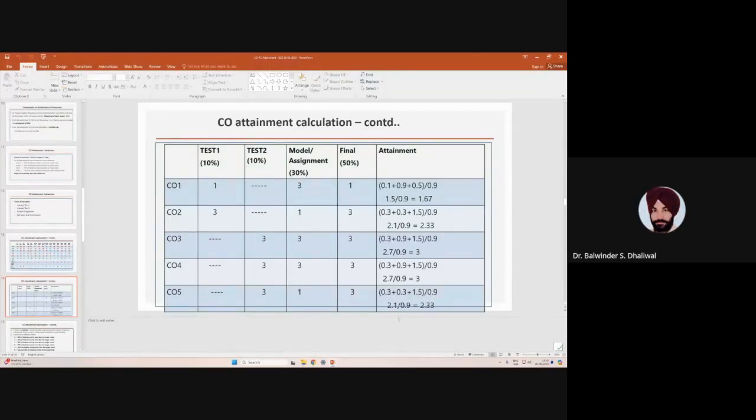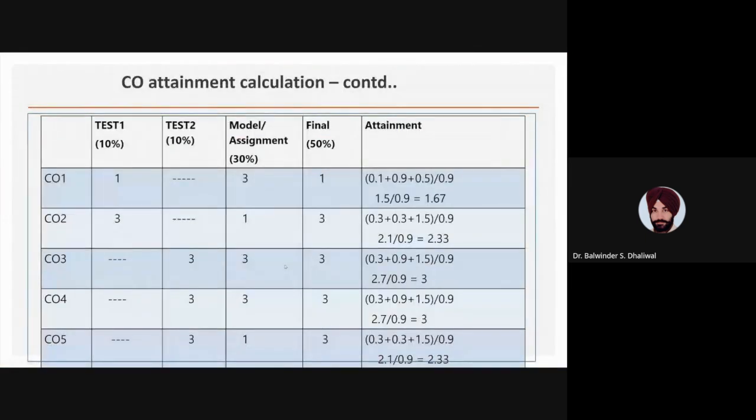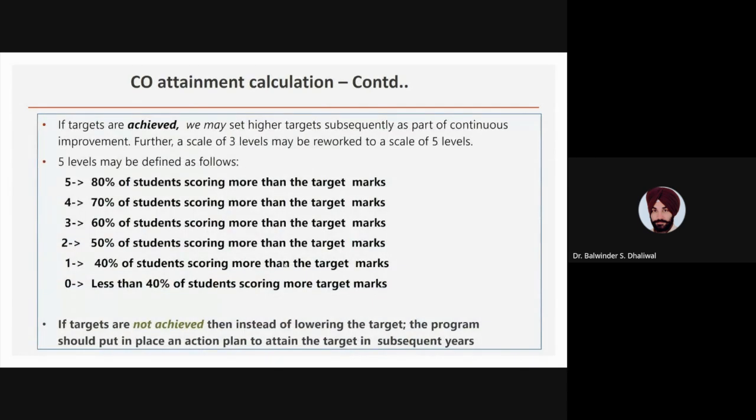If our targets are met, then we can improve our system further. If our targets are not met, then we need to analyze why and take corrective measures. If targets are met over a few consecutive years, we may set higher targets as part of continuous improvement, or we can change the scale.